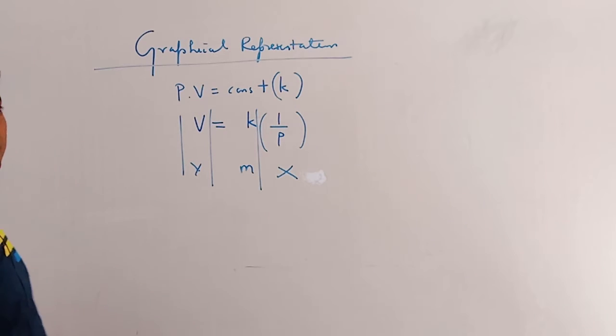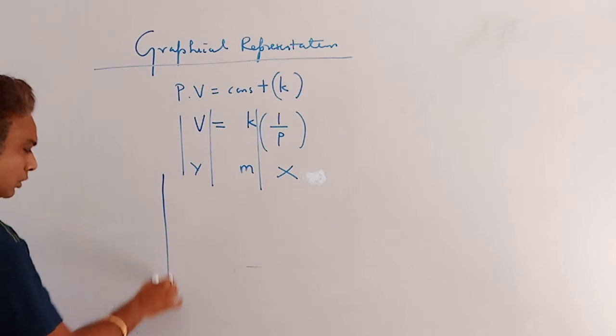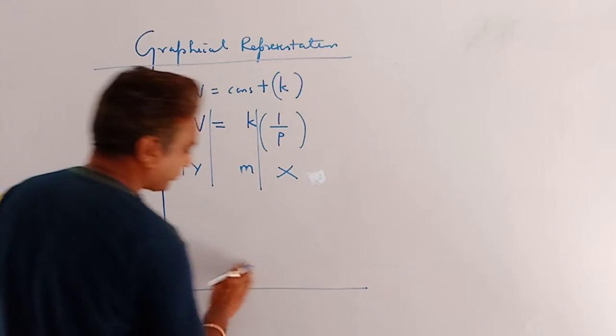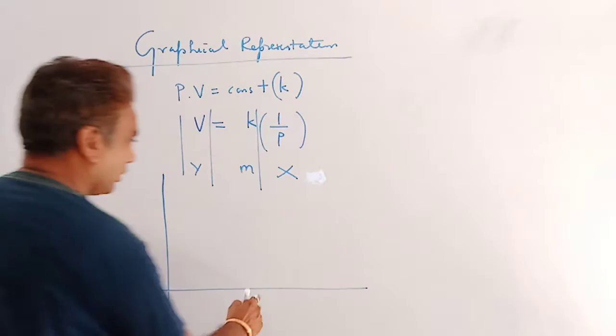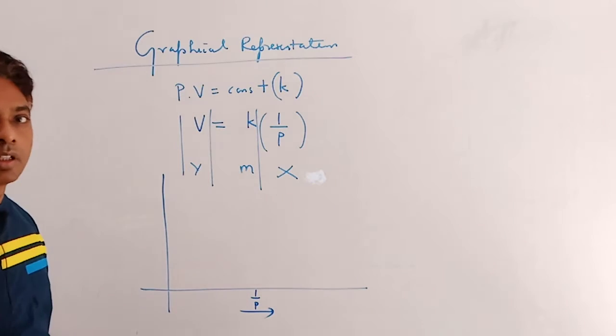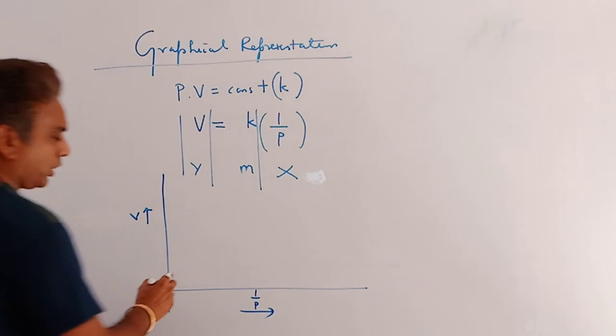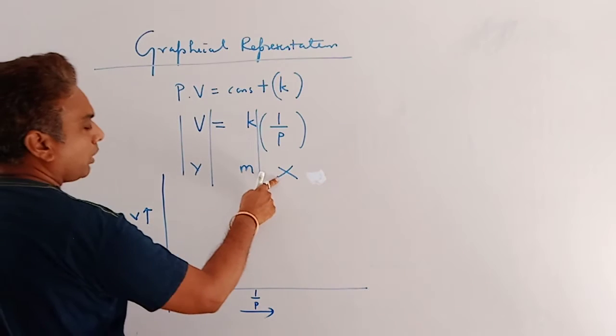If 1 by P is taken on x-axis and volume is on y-axis, so here is the graph. On x-axis we have 1 by P, and on y-axis it is V. So it is a straight line, y is equal to mx.